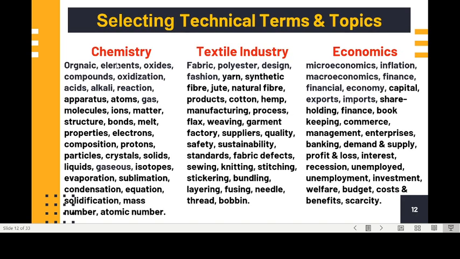Now, chemistry, I did the same thing. I entered chemistry topics, chemistry terminology, and I got these.